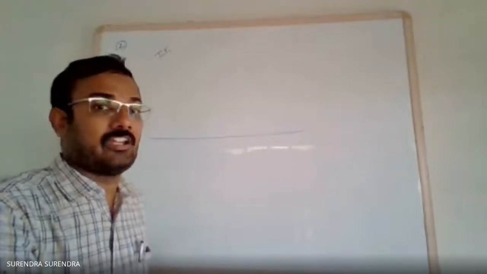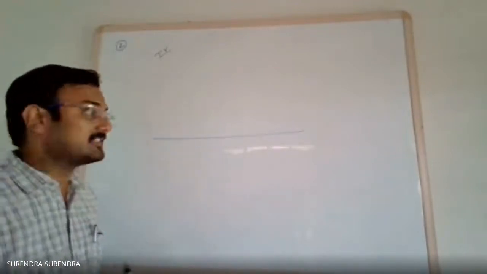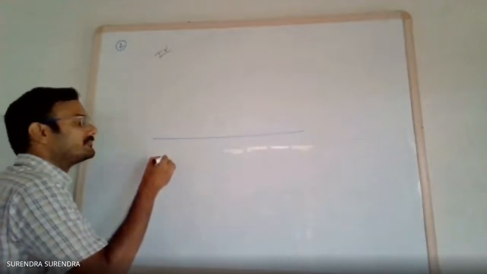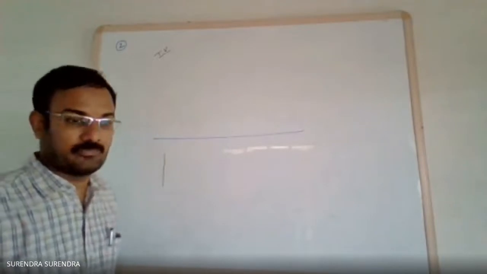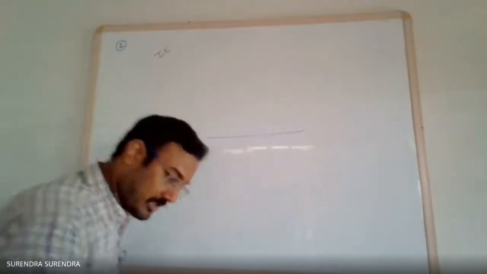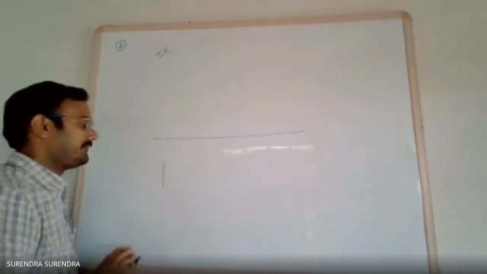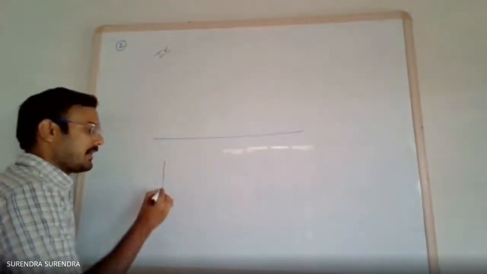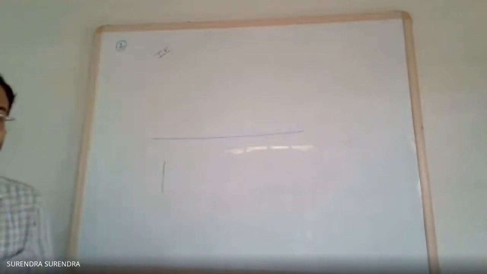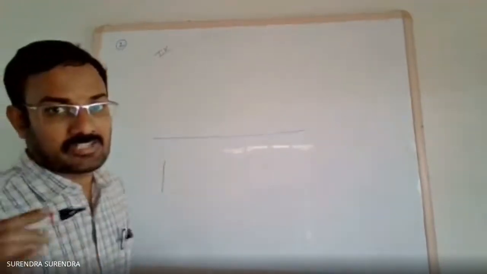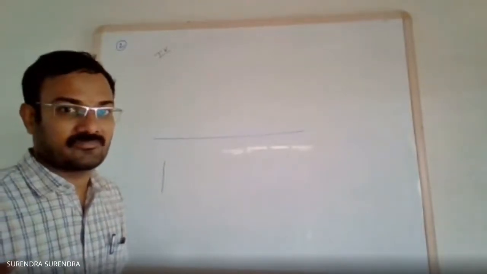So whenever you identify this, draw the pentagon with one of the sides perpendicular to the XY line in top view. As the distance is not given, we can maintain any arbitrary distance. Now, we already discussed how to draw the pentagon while discussing involutes.